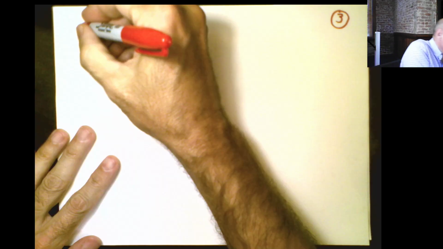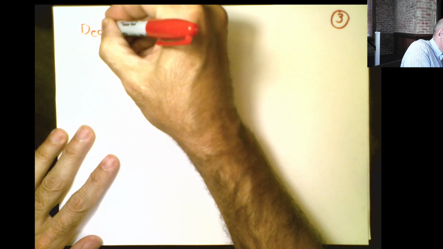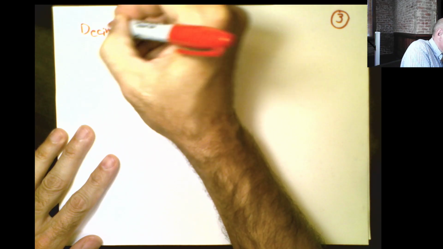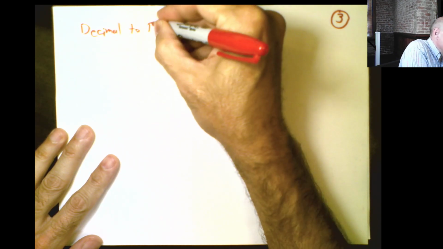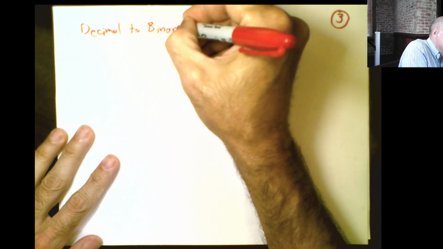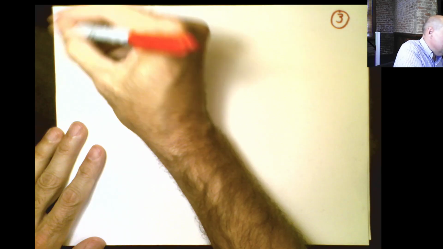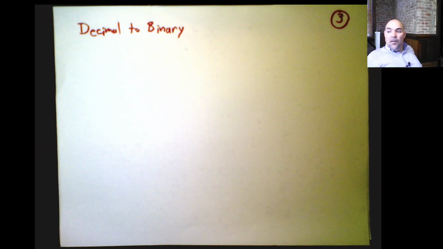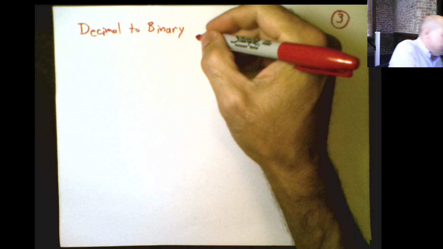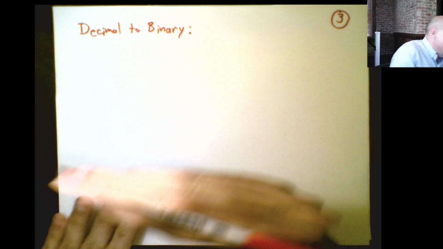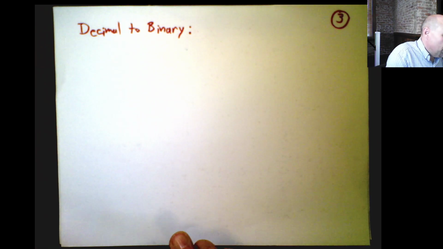And this is going to be, instead of binary to decimal, decimal to binary. Okay, so decimal to binary. Let's do that example we just did, but we're going to do that in reverse.